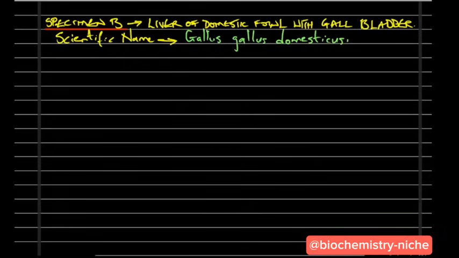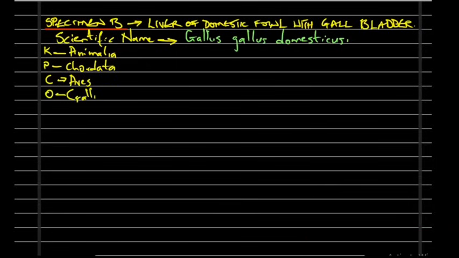Now, it has its classification when we talk about the taxonomy. Let me quickly put that here. We have the kingdom to be Animalia. We have the phylum to be Chordata. We have the class, the class we have it to be Aves. We have the order to be Galliformes.